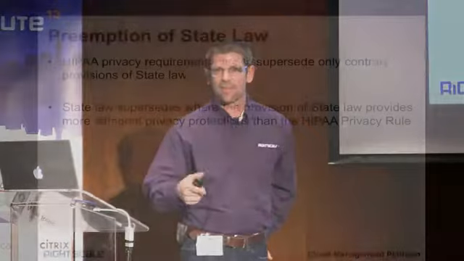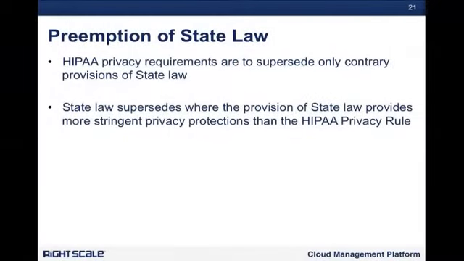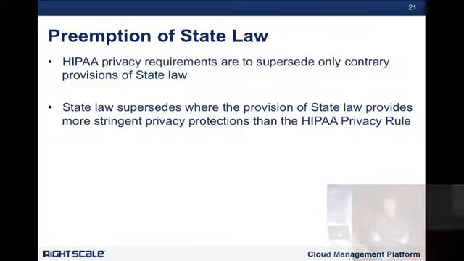The next one that I saw that I thought was very interesting, and again just solidified, was the preemption of state law. Effectively, HIPAA takes precedence over everything unless the state law is more stringent. So you can't say, oh, well, our law says we're allowed this. It doesn't matter. If HIPAA is more stringent, that's the federal law and it's going to apply.